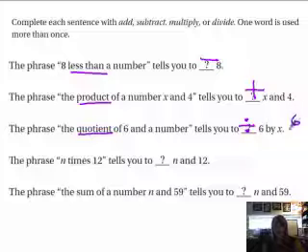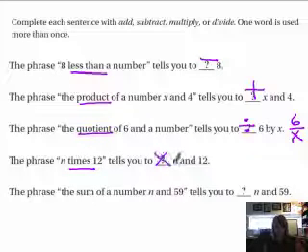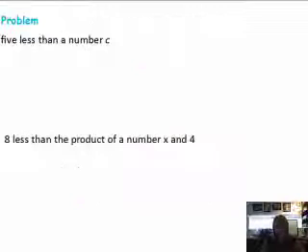That would look like 6 over x is another way to write that. The phrase n times 12 tells you that you need to multiply n and 12. And the phrase the sum of a number n and 59 tells you to add n and 59.